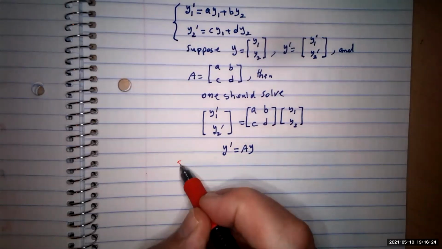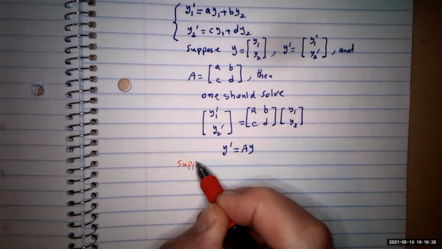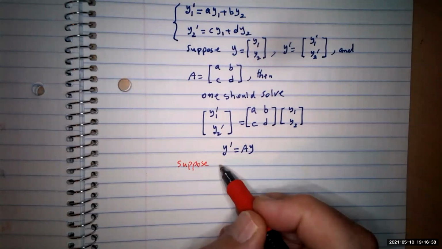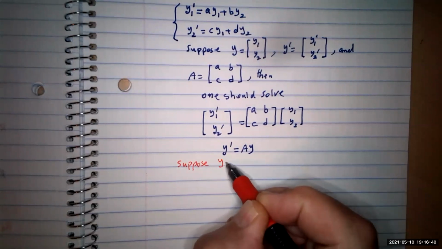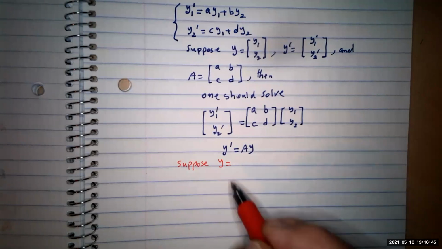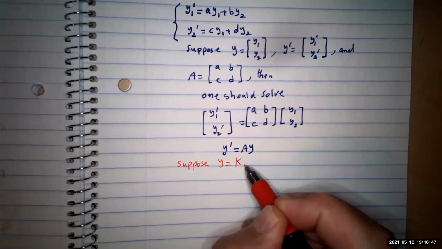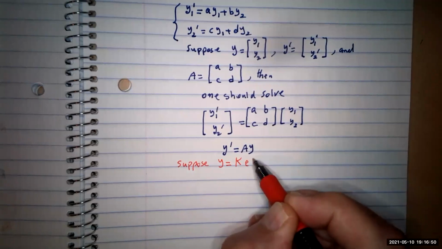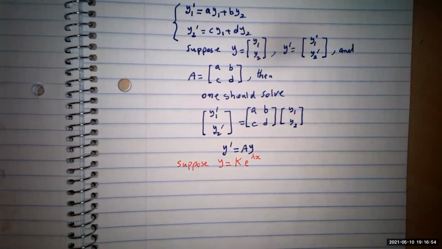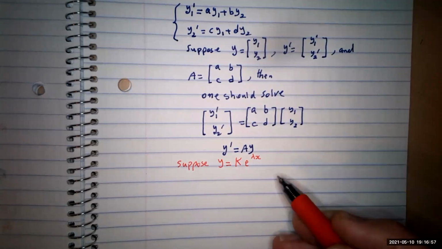We want to relate it to the eigenvalues and eigenvectors and find a method to solve it. Now, suppose we force the solution to be just an exponential function, k e to the lambda x.